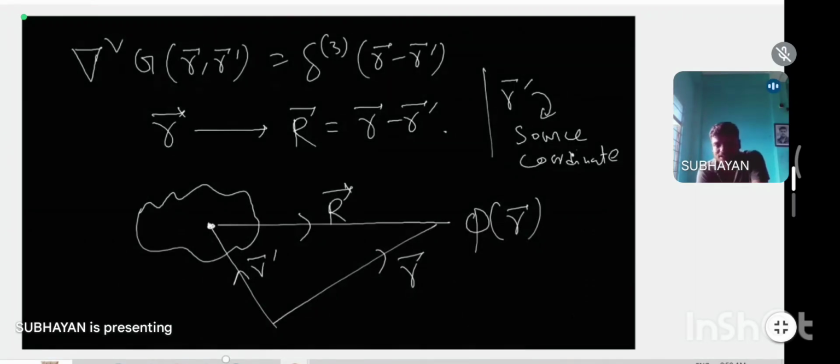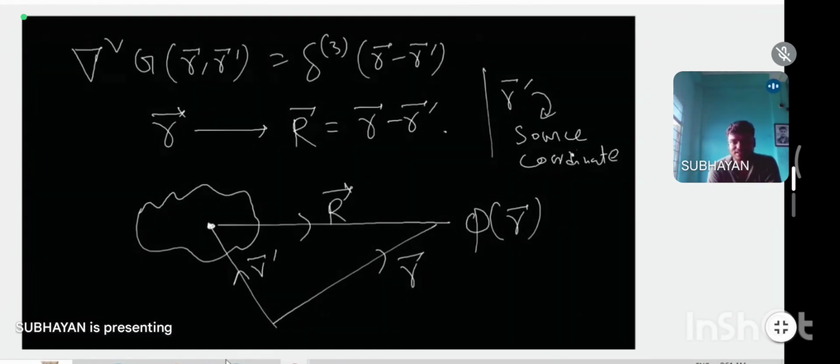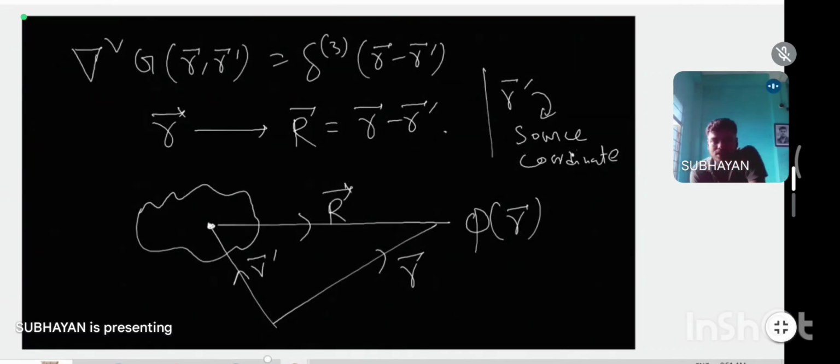In the later part of this discussion, or in the next subsequent classes, you will find that this Green function G(r, r prime) will act as the propagator of interaction, from the physical point of view, the propagator of electrostatic interaction. However, now we have to concentrate on solving for the Green function G(r, r prime).